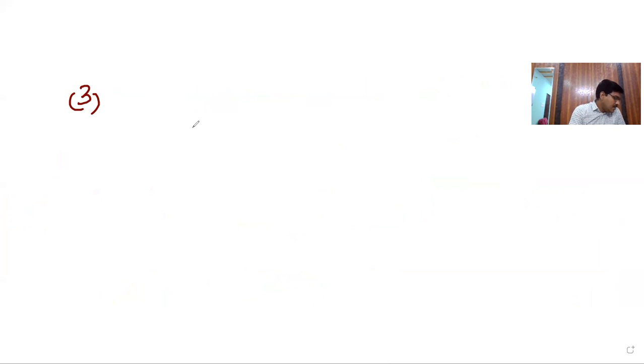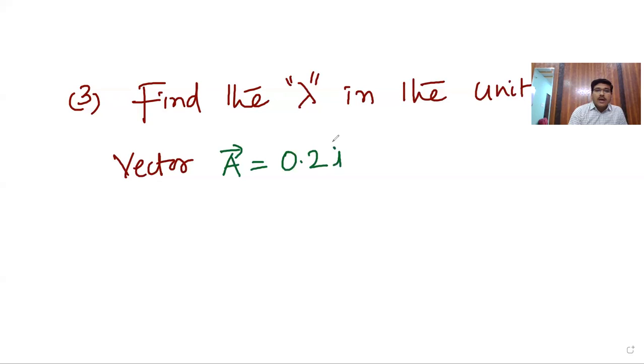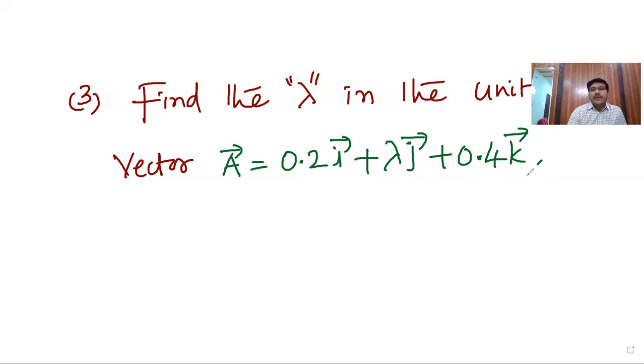Find the lambda value in the unit vector as given: unit vector a bar as 0.2 i bar plus lambda j bar plus 0.4 k bar. 0.2 i bar plus lambda j bar plus 0.4 k bar.